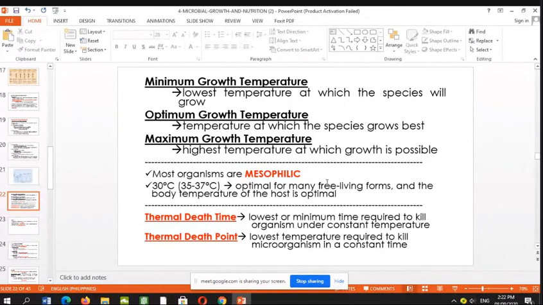So the thermal death time of E. coli, which may be present in water, is 15 minutes. Whereas thermal death point would be the lowest temperature.